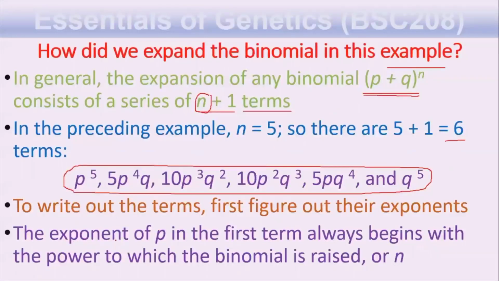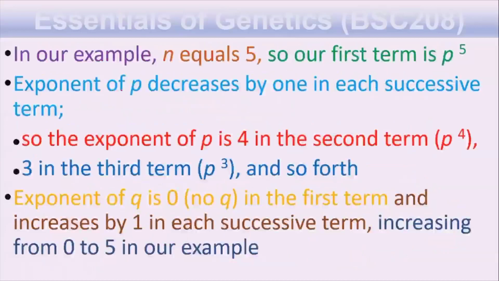So the exponent of p in the first term always begins with the power to which the binomial is raised, and that is n. So the power of first p will be 5 because our n is equal to 5. In our example, n equals 5, so our first term is p raised to the power 5. The exponent of p decreases by 1 in each successive term.